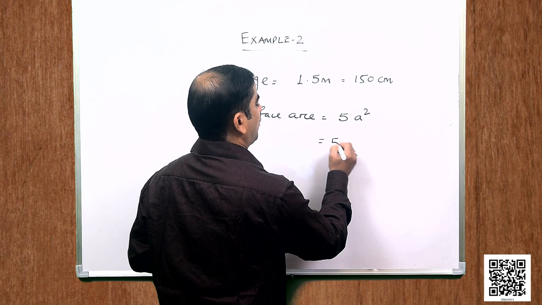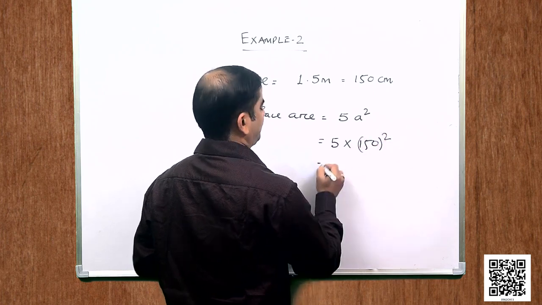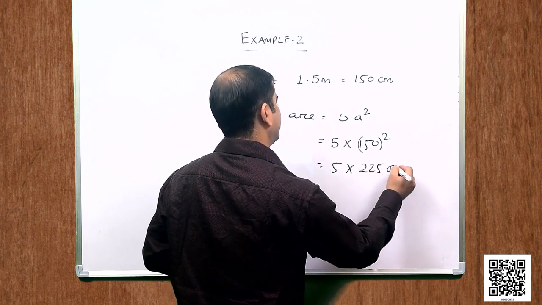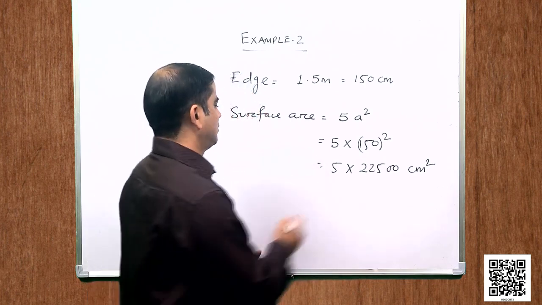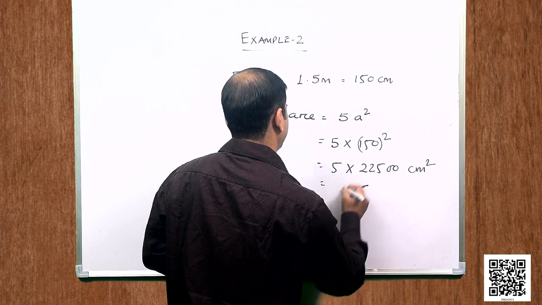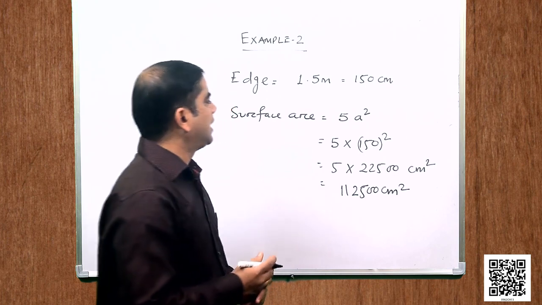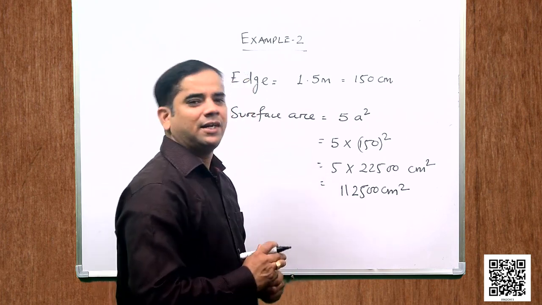Putting the value of a, I get the surface area in centimeter square. So, this is the surface area of 5 surfaces to be covered with tiles.